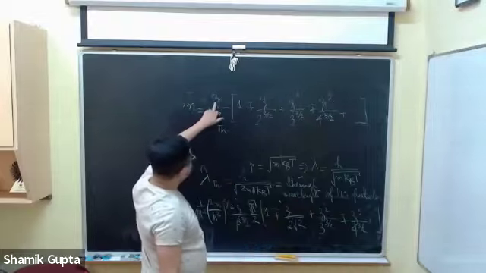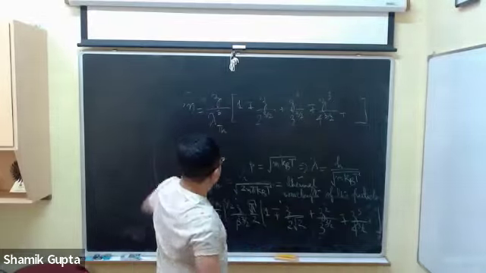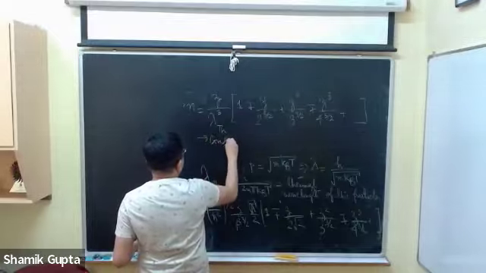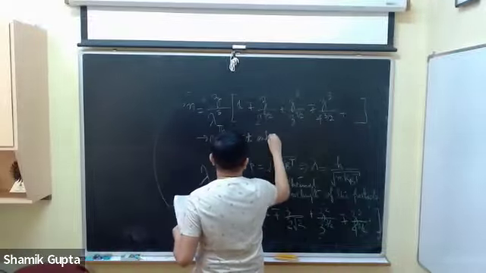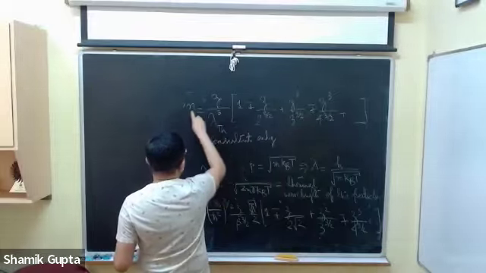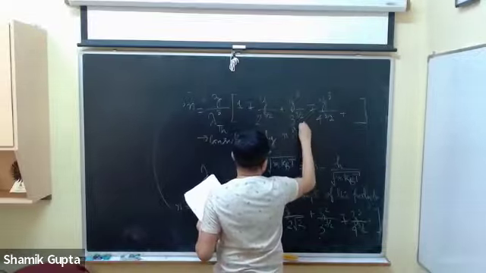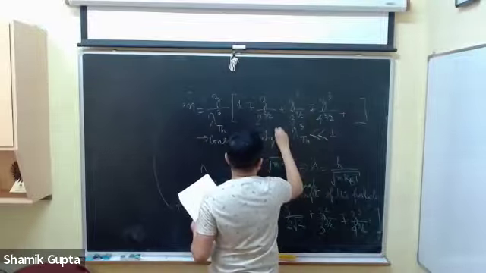We already assumed z to be much smaller than 1. So therefore, this expansion is consistent only if z is much smaller than 1, that means n times lambda th cube must be smaller than 1.